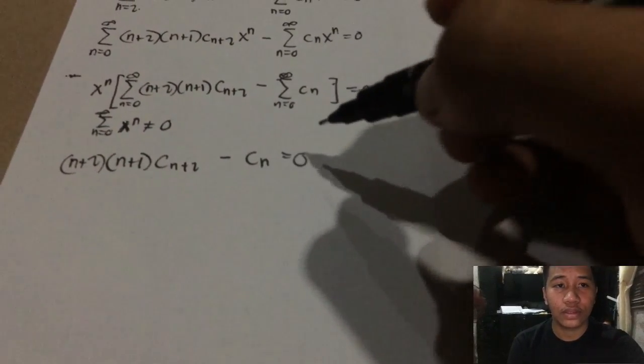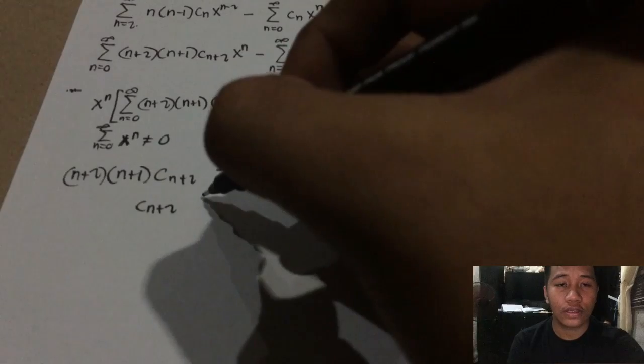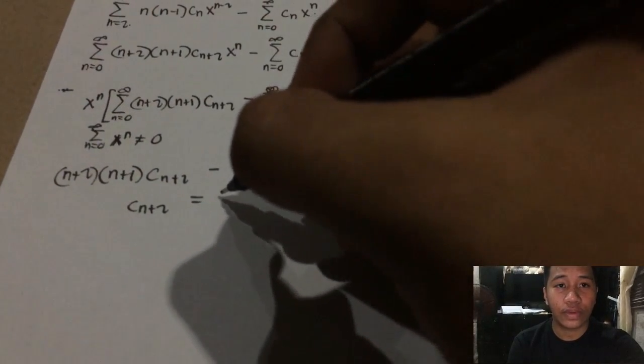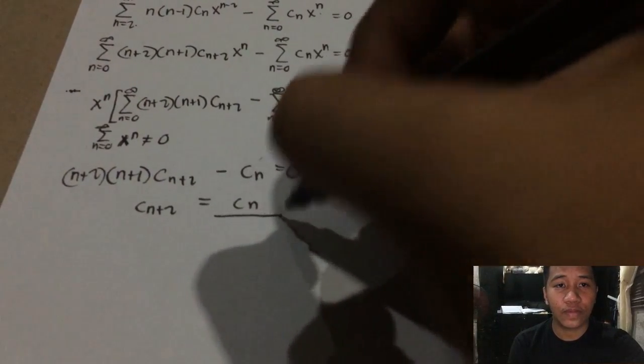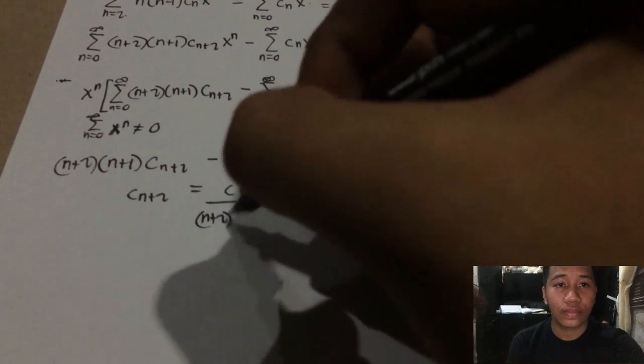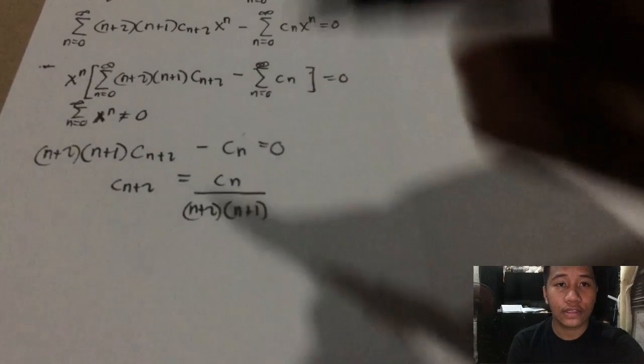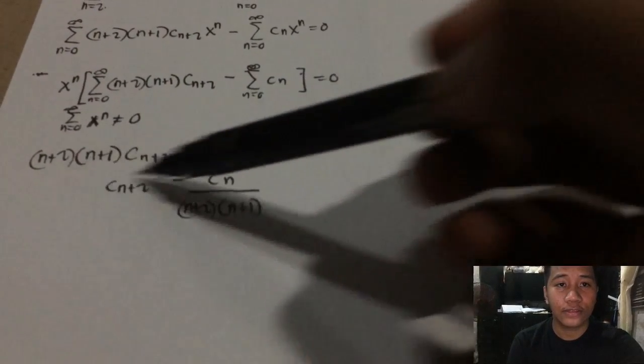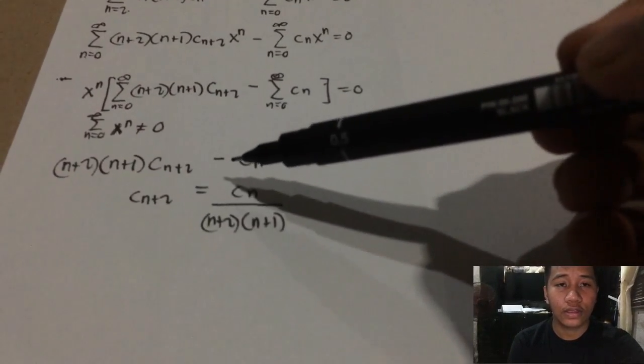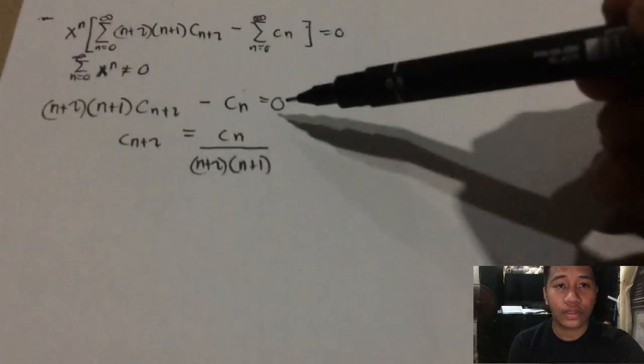Transpose the c sub n to the right side. So c sub n plus 2 is equal to c sub n all over n plus 2 multiplied by n plus 1.